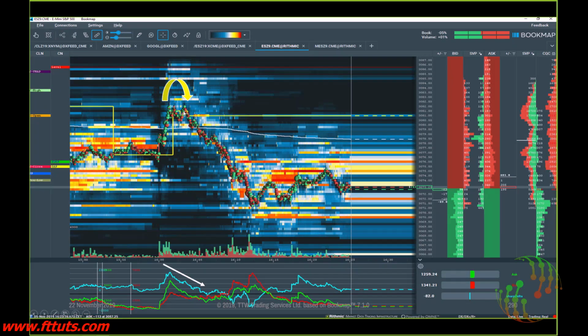And you look here, this was a trade for 10 points. Straight down. That's your and my dream, to enter this with the lowest possible MAE and get the highest possible MFE.